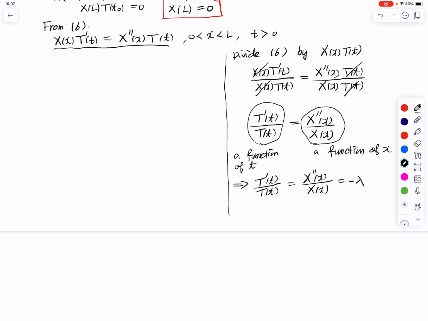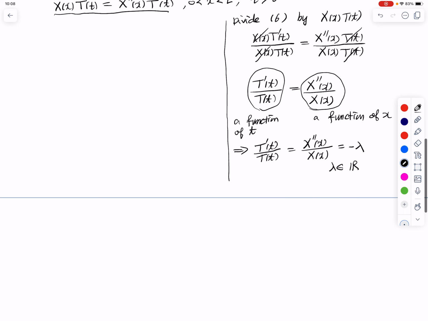Minus lambda, and lambda is constant, a real number, since we are talking about the function u(x,t) being real. So then, if this is constant, you multiply, then I have T'(t) plus lambda T(t) equals 0. I obtained X'' plus lambda X equals 0.